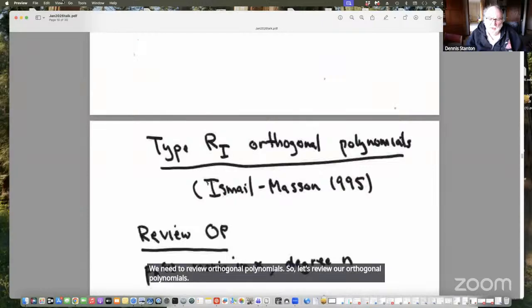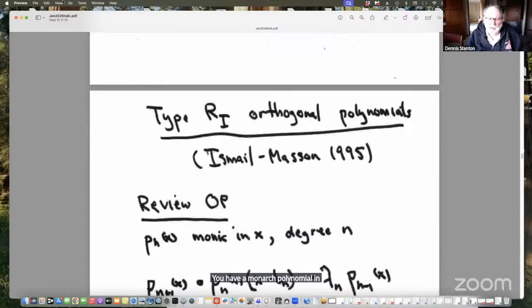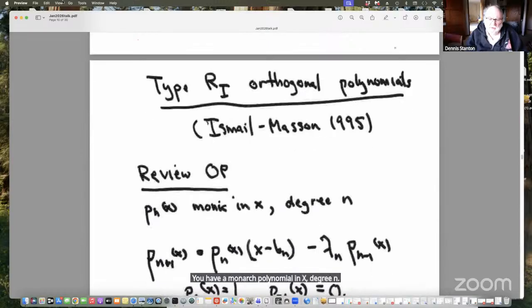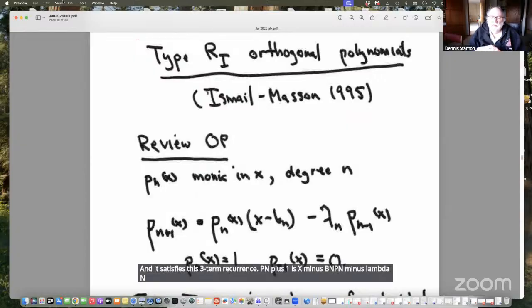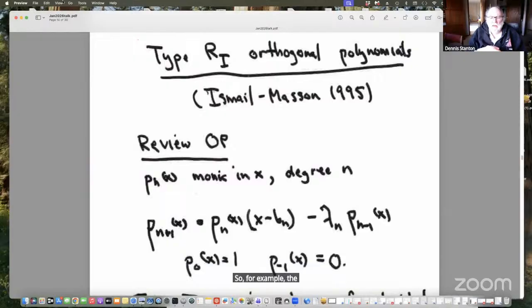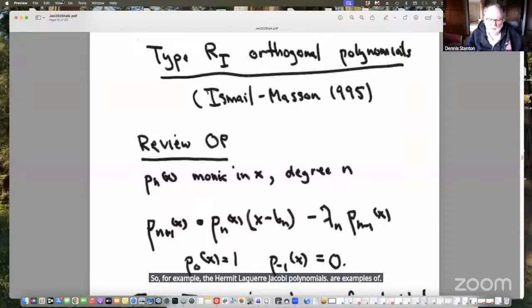We have a monic polynomial in x, degree n, and it satisfies this 3-term recurrence: P_{n+1} = (x - b_n) P_n - lambda_n P_{n-1}. So for example, the Hermite, Laguerre, and Jacobi polynomials are examples of usual orthogonal polynomials.